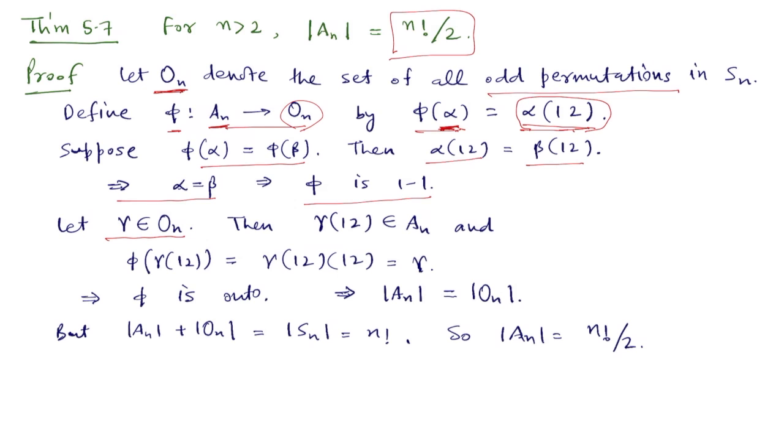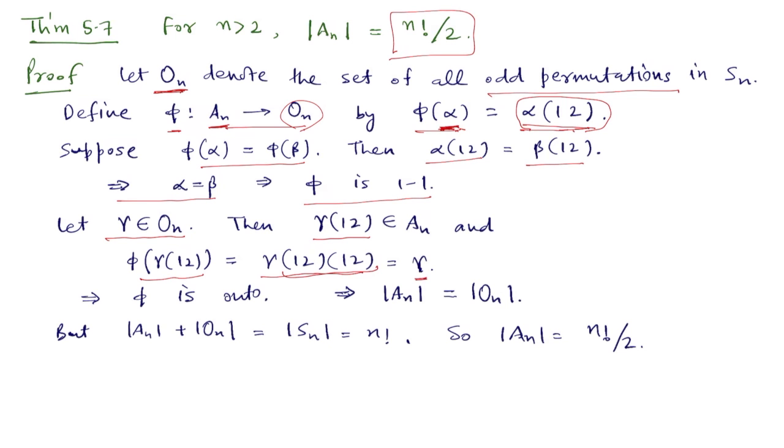If gamma is an odd permutation, then if we multiply gamma by (1 2), it becomes even. So gamma times (1 2) is in An, and if we apply phi on gamma (1 2), then we get gamma (1 2) and then again (1 2), but (1 2) times (1 2) is identity, so we are left with only gamma.